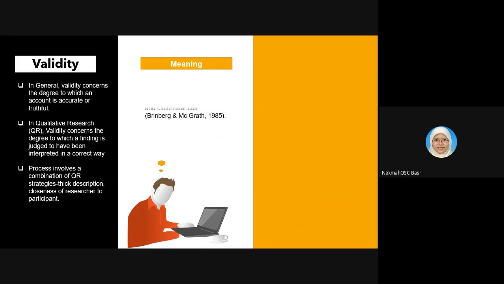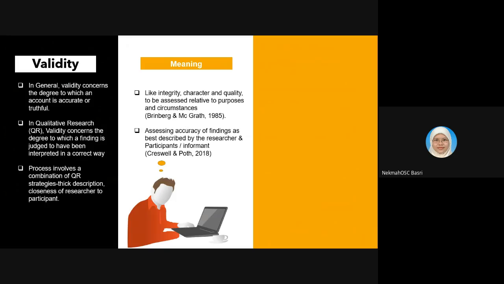About the meaning, as mentioned by Brinberg and McGrath in 1985, like integrity, character and quality, to be assessed relative to purpose and circumstances, assessing the accuracy of findings as best described by researcher, participant and informant, by Creswell and Poth 2018.